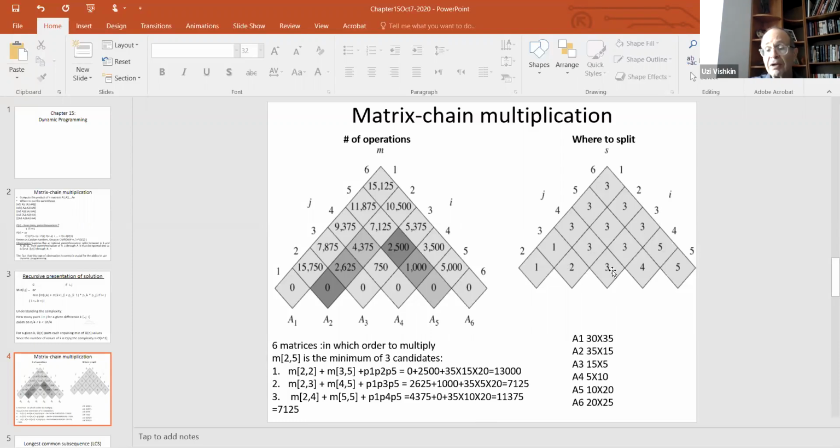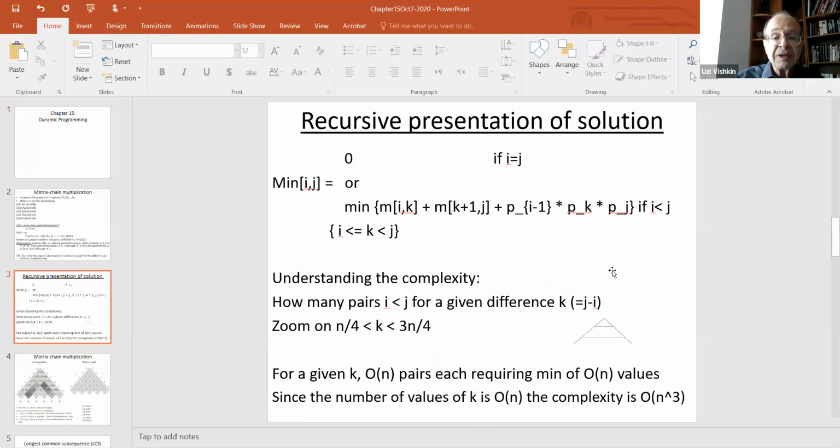Go ahead. Yeah, just to confirm, the Ps are the product of the matrices, right? Like P1, P3, P5. So these are the product of the second element, like A1's second dimension. Yeah. So the Ps are the dimensions.